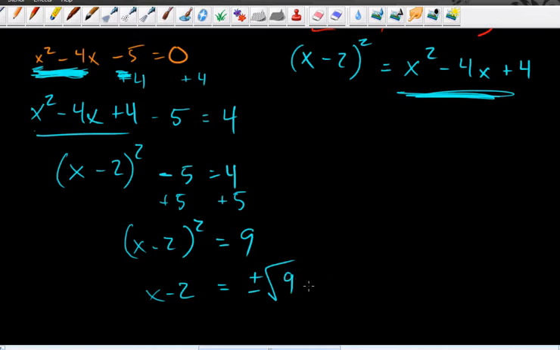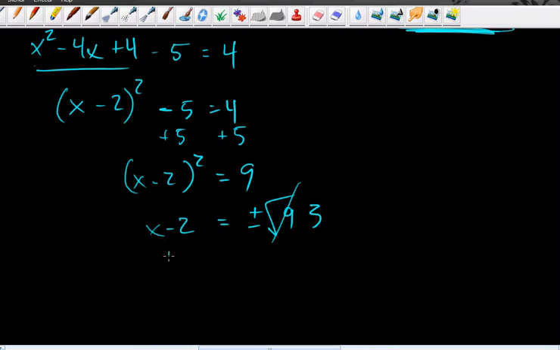But on the right side, I'm going to get the positive and the negative square root of 9. Well, that's really plus or minus 3. So I add 2 to both sides, and I end up with x equals 2 plus or minus 3.